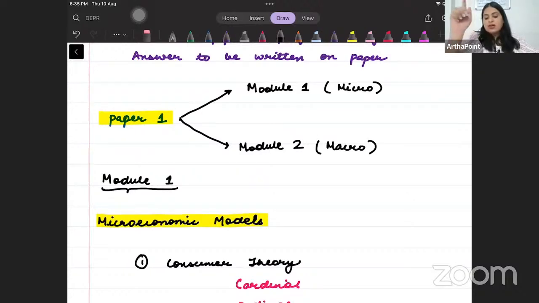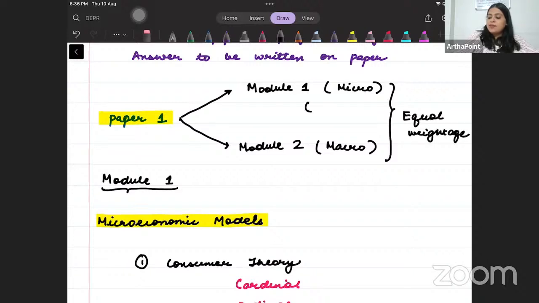So paper 1 consists of microeconomics and macroeconomics. दो modules रहेंगे इसके अंदर, microeconomics and macroeconomics. Each of these modules is going to have equal weightage. तो दोनों की ही weightage equal रहेगी. मतलब 100 marks का microeconomics रहेगा and 100 marks का macroeconomics रहेगा.